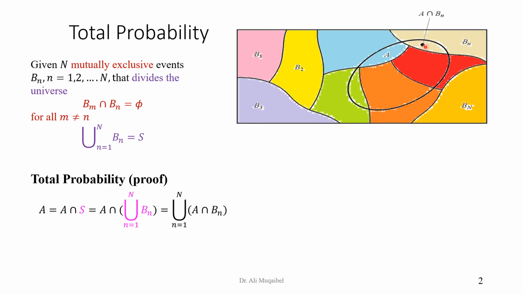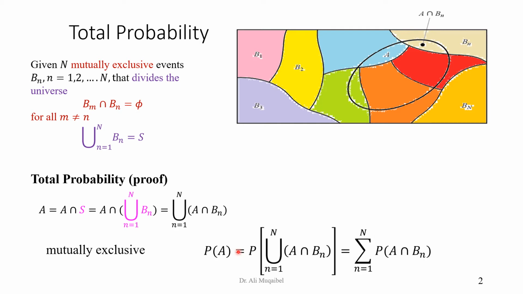And then you take the union of these all, you get A. In terms of probability, because they are mutually exclusive, the probability of these is equal to the sum. There is no intersection. So I can say the probability of A equals the sum of the probabilities of A intersection with the blue, with the green, with the orange and red, and so on.